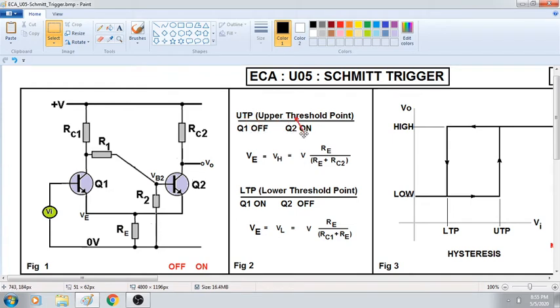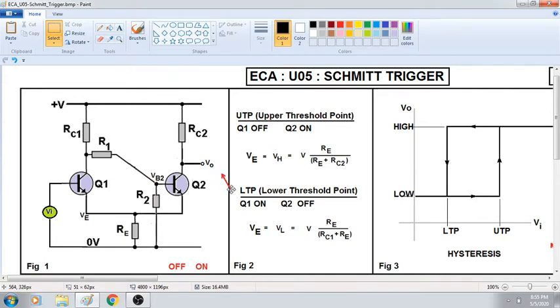So what is this UTP? UTP is that voltage which we calculate at the emitter coupled node. What is the voltage at the emitter when Q1 is off and Q2 is on? Whatever voltage is available at the emitter, across this RE, we are calling the upper threshold point.